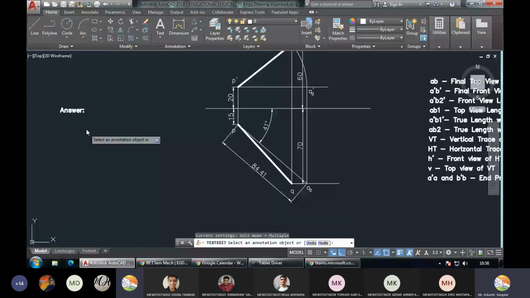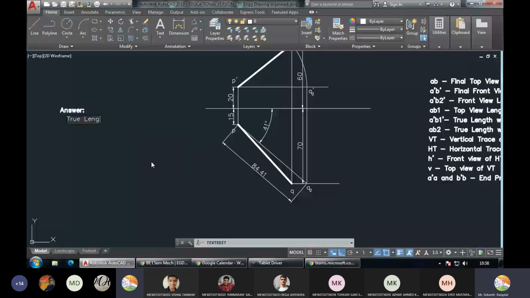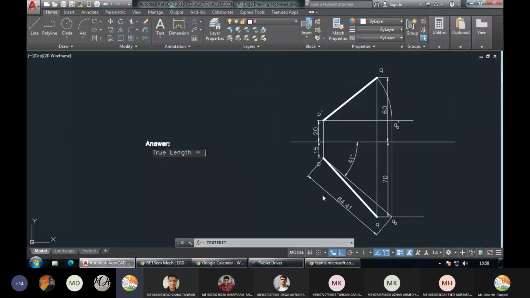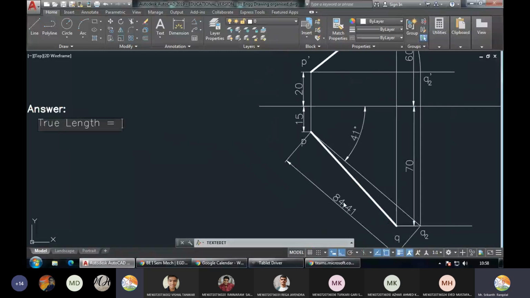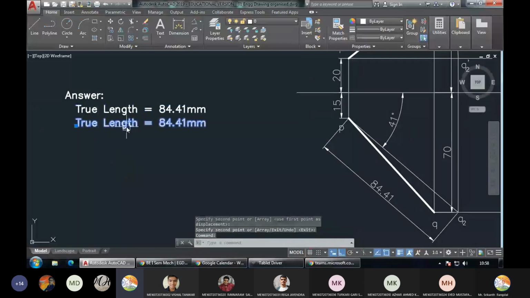So we'll just write down the answers here. So first, the true length. He's asking us the true length, right? So what is the true length? True length is 84.41 mm. Next, true inclination.